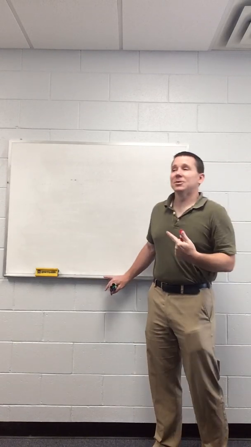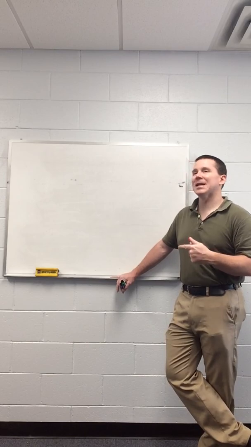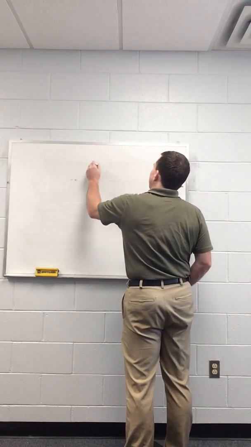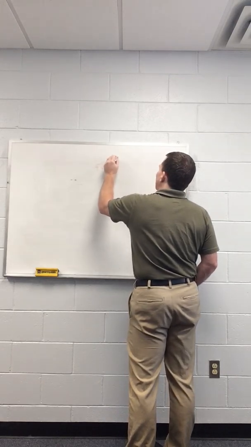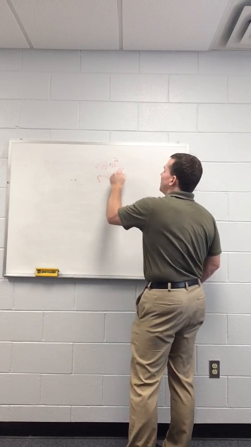But as it goes, the only functions that can have inverses are functions that are one-to-one. Admittedly, we just said that if f of x equals x squared, then the inverse of that is the square root of x.